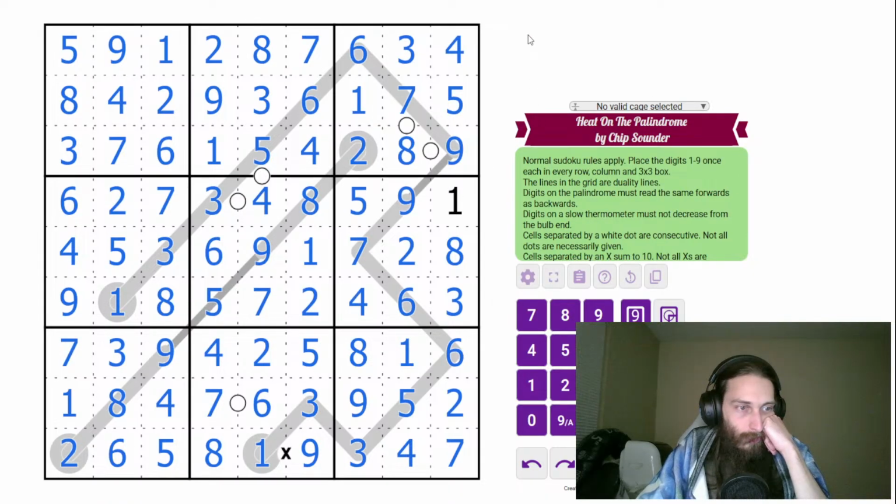Chip Sounder says, "There were only 2 choices in box 6 for 4, so using the negative constraint in box 3 forced the break."